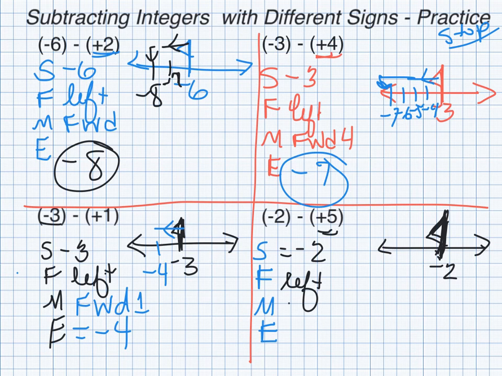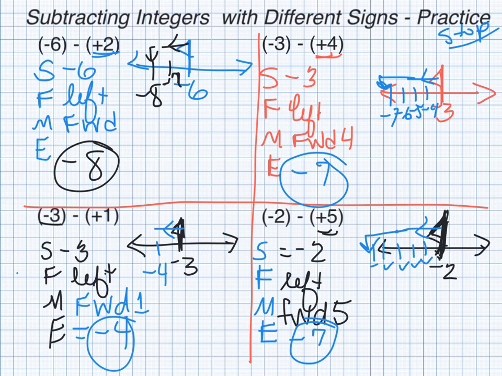This is a positive number, so I'm going to move forward 5. So forward is in this direction. 1, 2, 3, 4, 5 is where I end up. So it's negative 3, negative 4, negative 5, negative 6, negative 7 is the final answer. Great job.